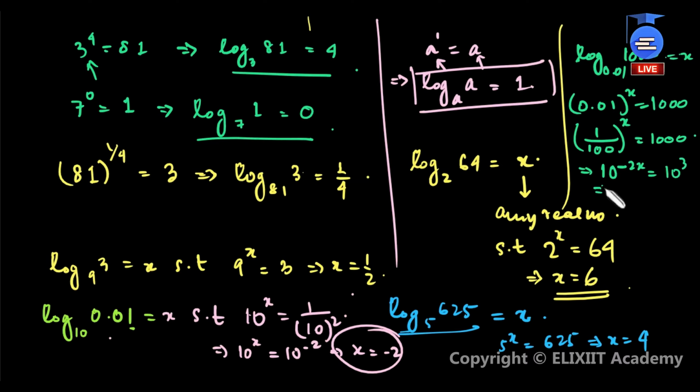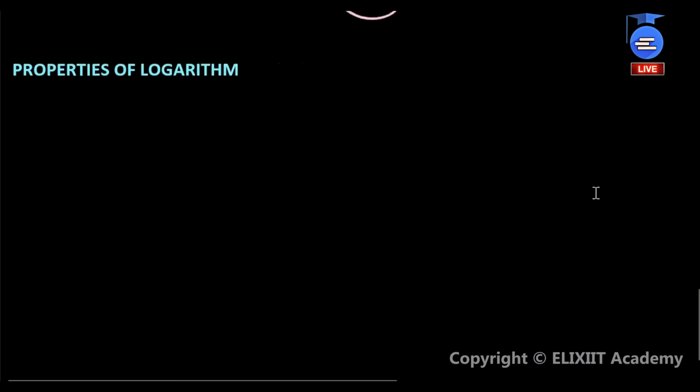So minus 2x is equals to 3, x is equals to minus 3/2. Either you go by this manner, or I'll teach you one property which we will use to solve this thing. The logic will be the same, but it is better to also understand the property and solve this thing. Let's move on to the properties of logarithm.